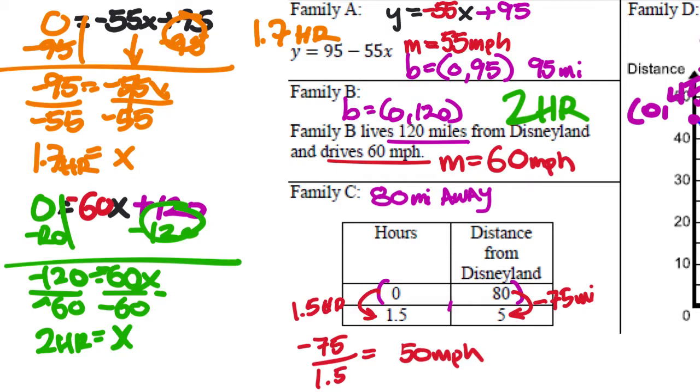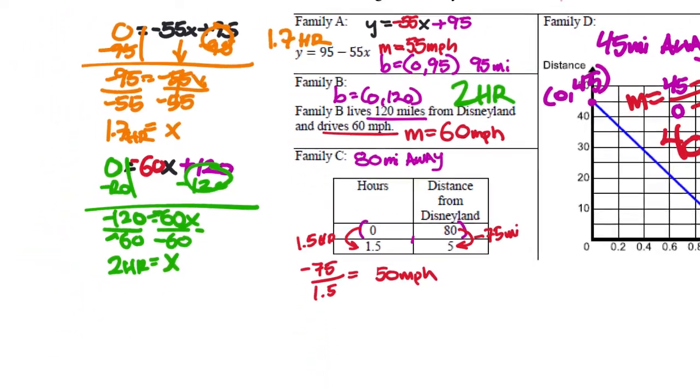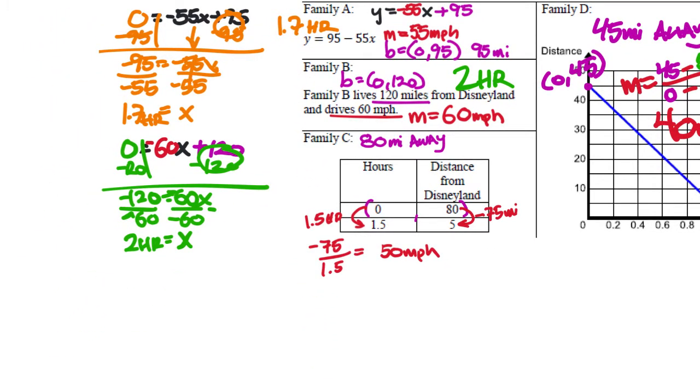Family C, we can do the same thing with the equation stuff. So on this one, y equals mx plus b. The m there is negative 50, because they're getting closer. But again, we're looking at how long it will take for the distance to be 0, and the y is distance.